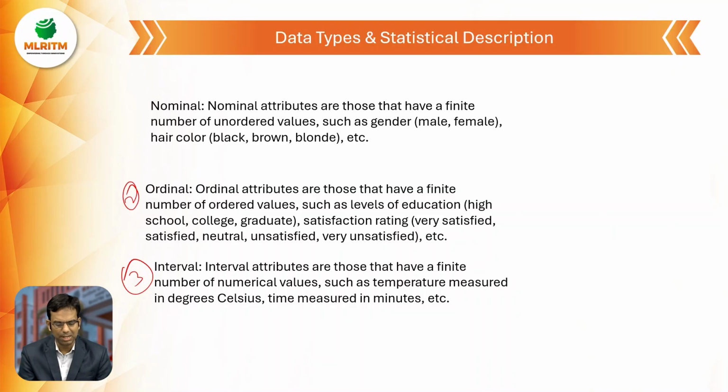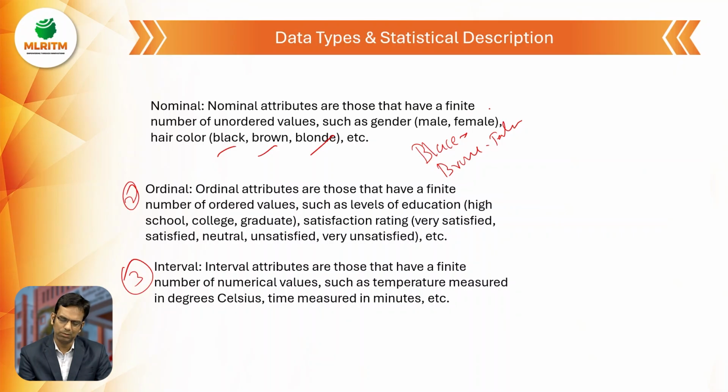The second example I have given is hair color. I have selected three colors: black, brown, and blonde. Usually we have black and brown. So if I select black color, then the brown color will be false, because I have selected black color.